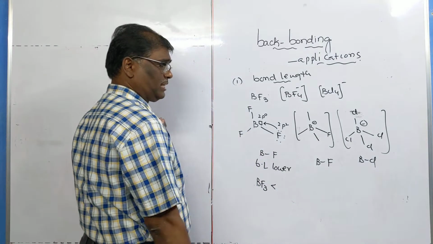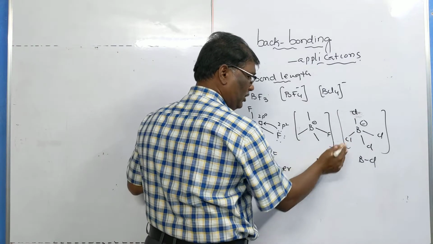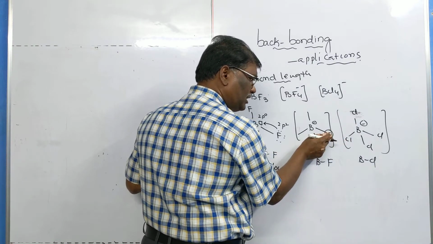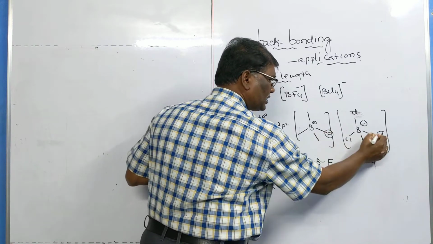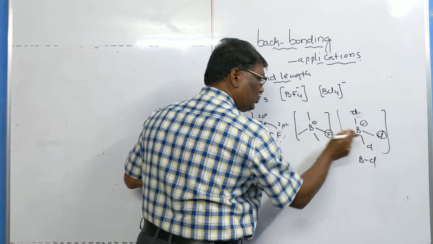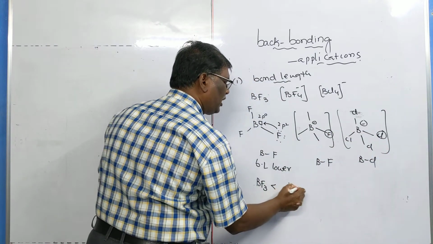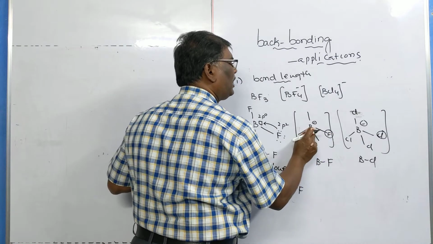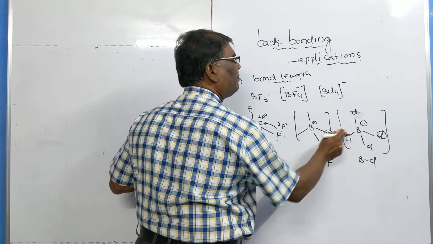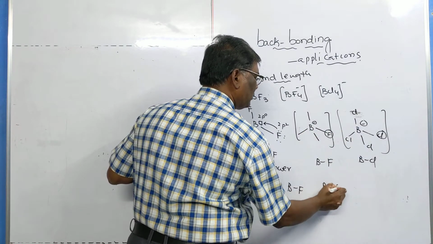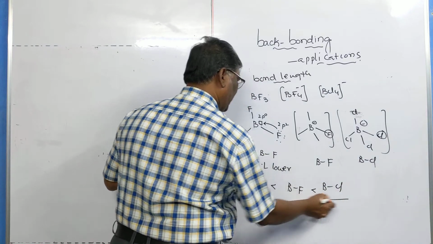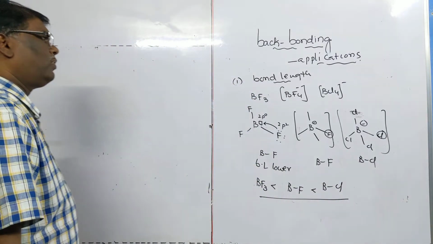Now we have to discuss the bond length of these two. As fluorine is a very small atom and chlorine is a larger atom, the bond length is smaller in case of BF compared to BCl. So this is the order of bond length.